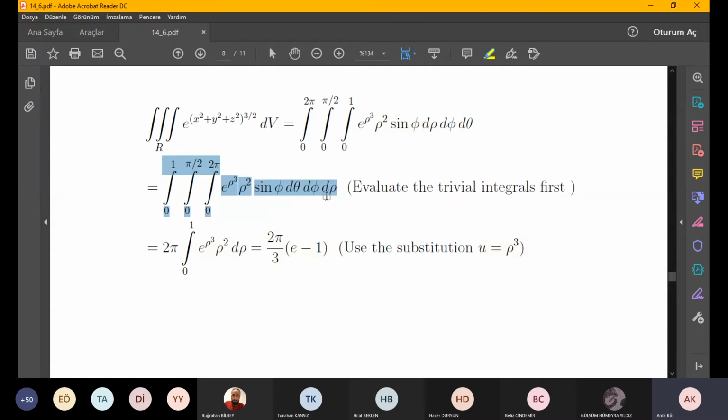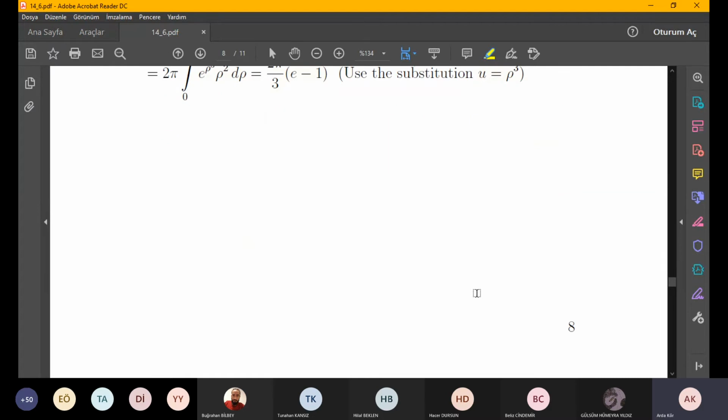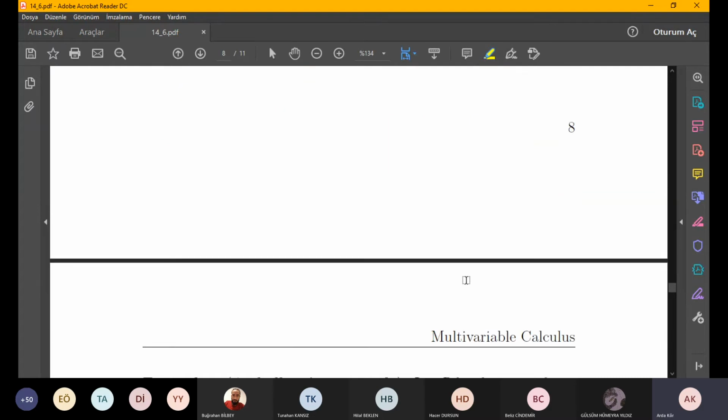So the last example includes Cartesian coordinates, cylindrical coordinates, and spherical coordinates.